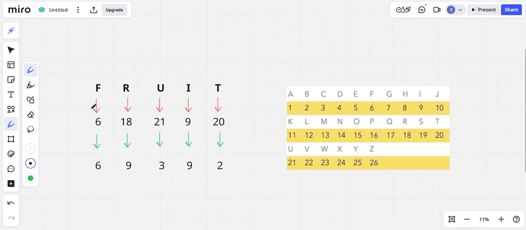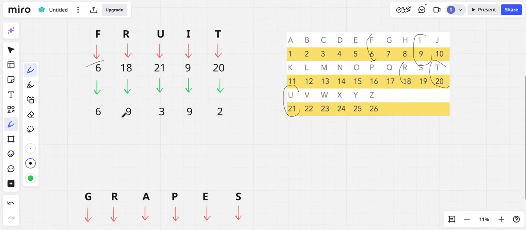So for F we have 6, so we write that down, and then for R we have 18, for U we have 21, for I we have 9, and for T we have 20. So we write all these corresponding numbers down: 6, 18, 21, 9, 20.